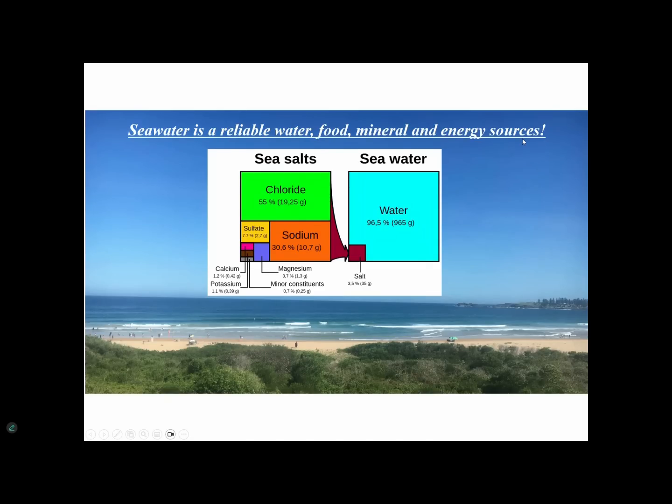We can produce salt gradient power using pressure retarded osmosis and RED. Also, we have a lot of minerals, like table salt. Every day you enjoy salt because salt is a good taster; without salt, you cannot really enjoy your food. We also have food like fish. A lot of sashimi and sushi can be made from seawater fish. So we already get a lot of food from seawater.